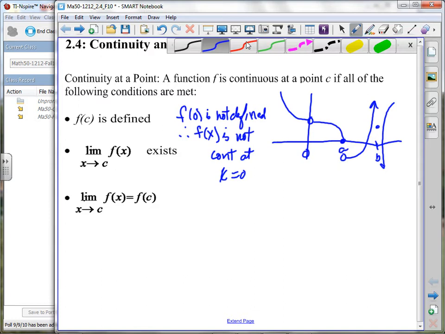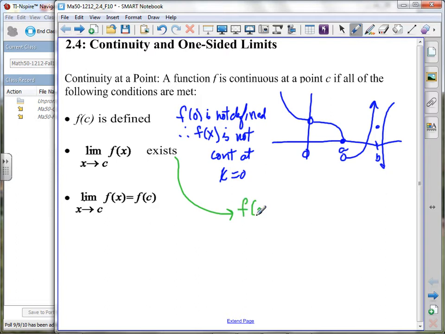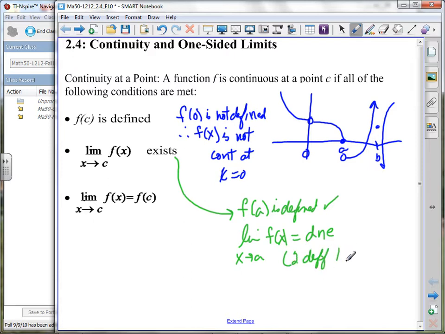I'm going to change pens just so we can keep things a little straight. We could say that f of a is defined. Check mark, that one's done. But now the limit as x approaches a does not exist, and the reason would be two different one-sided limits.